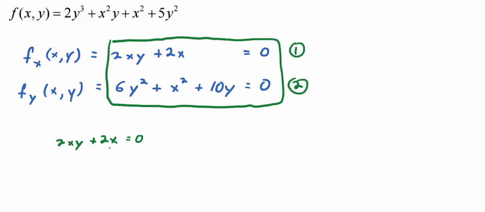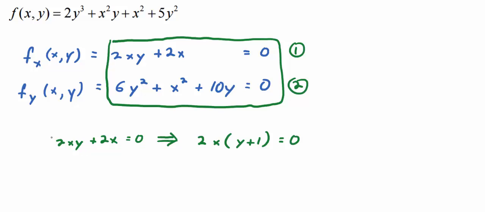Let's solve this by factoring. So I can factor out a 2x. The arrow means implies. So 2xy plus 2x equals 0 implies that, if we factor out the 2x, this equation will be equally true: 2x times the quantity y plus 1 equals 0.